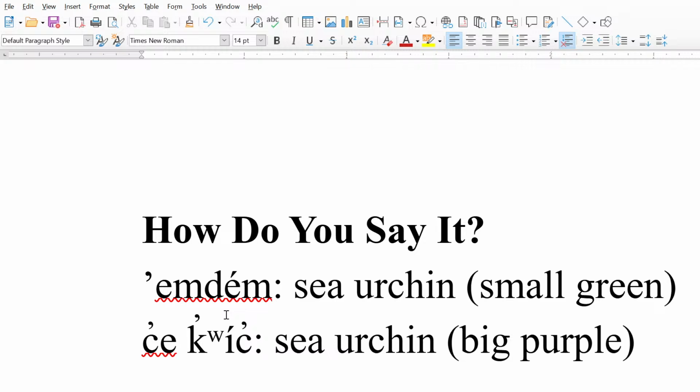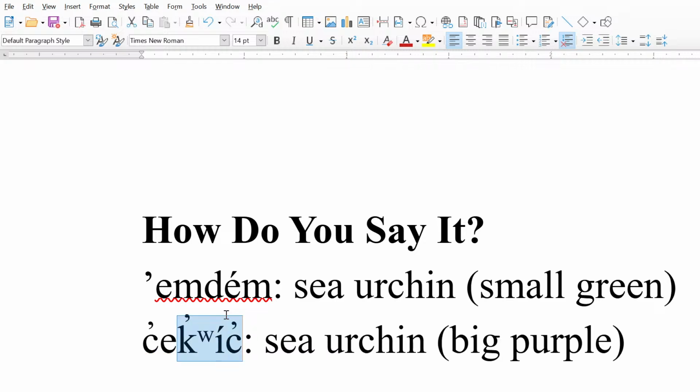It's the second syllable again that's getting the emphasis. So that's why this I has a little dash on top of it. It's because queets is the syllable that's being emphasized. And this also means sea urchin, but this is the big purple type of sea urchin.